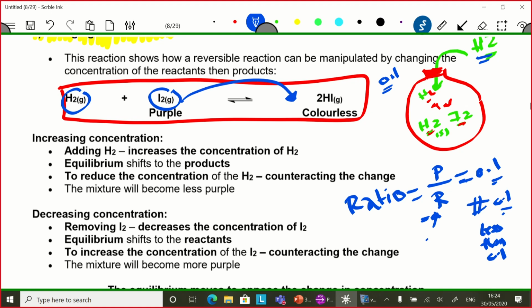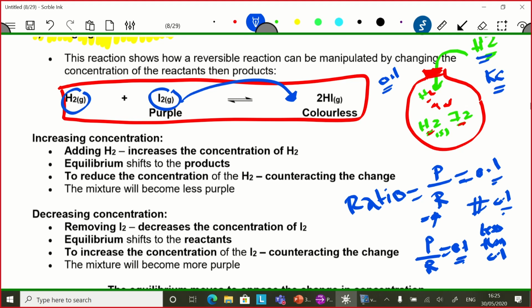So I'm going to increase the product, decrease the reactant, and re-establish this again to 0.1. So for any equilibrium, this is the target of the system. The system wants to reach a specific ratio, and this ratio is specific for each reaction. We're going to study this later, and we're going to call it the Kc. I'm just trying to get this in your head.